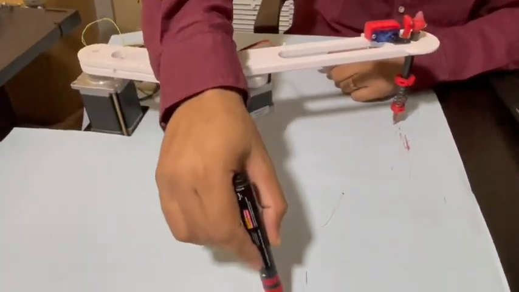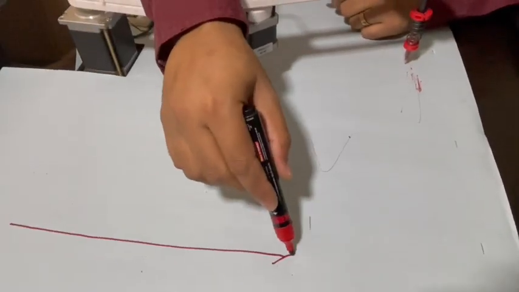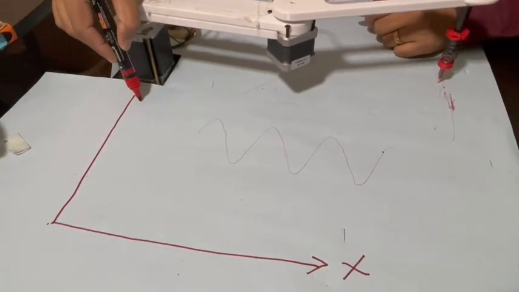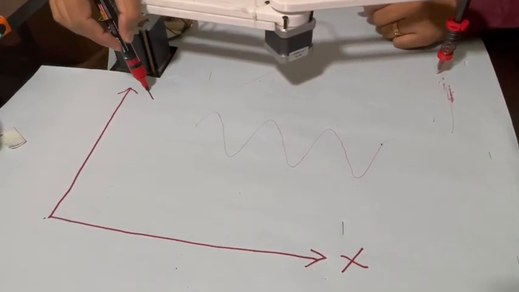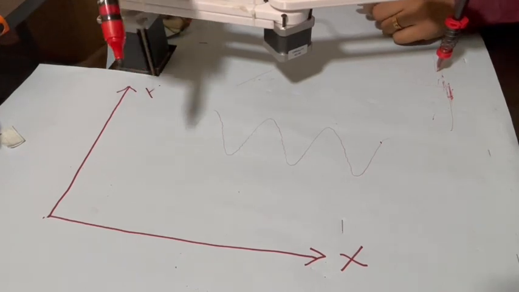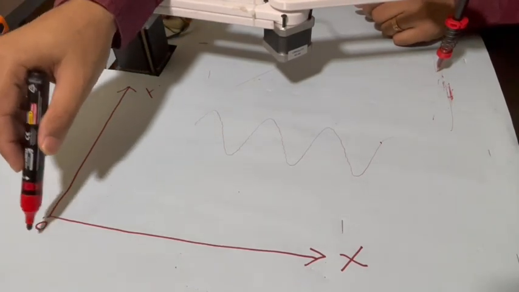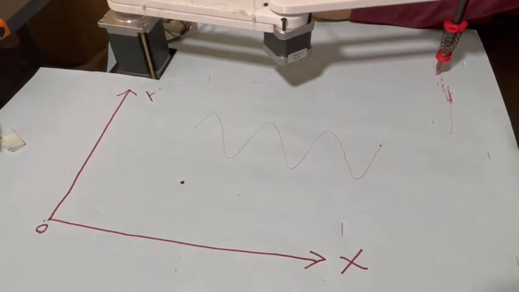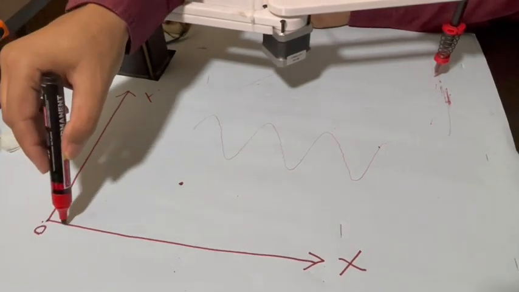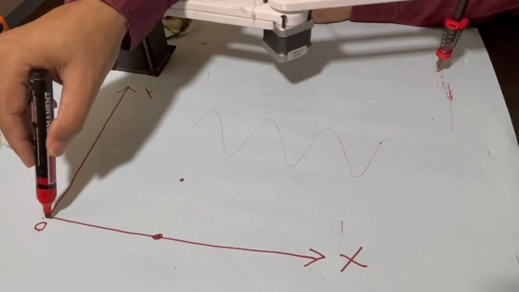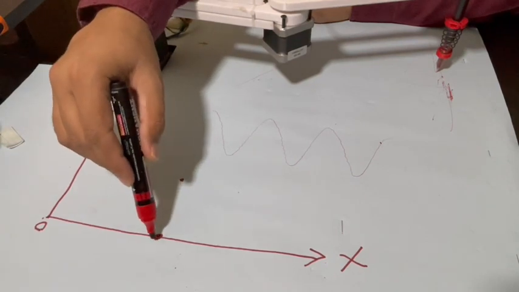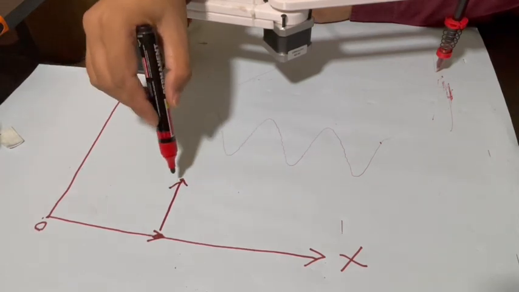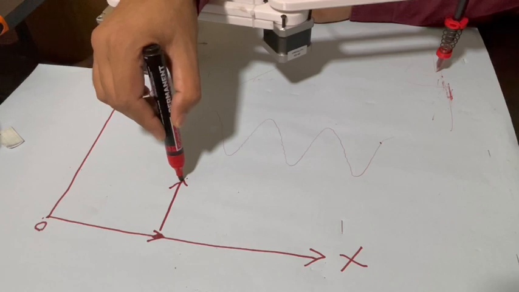So if this is X and this is Y, and this is the 0 point, and suppose somewhere here there is a point, you first go along X up to this location, measure this distance X, then move towards Y. So this is the coordinate of XY.